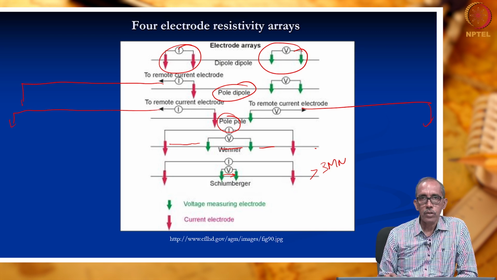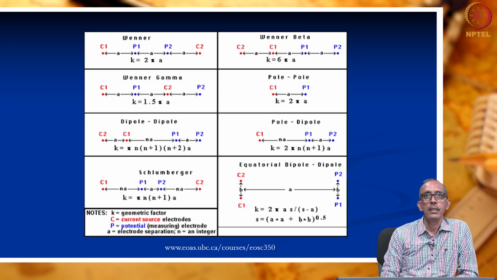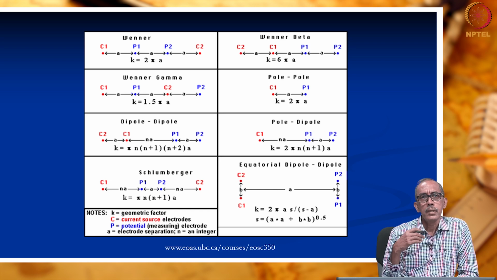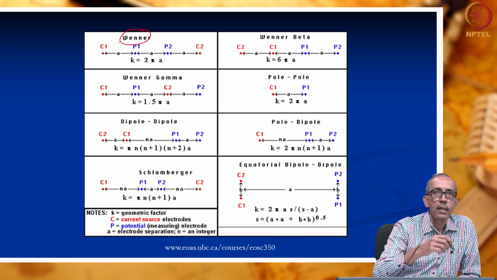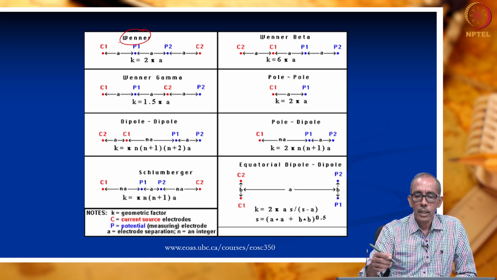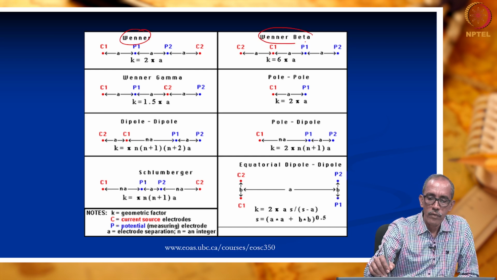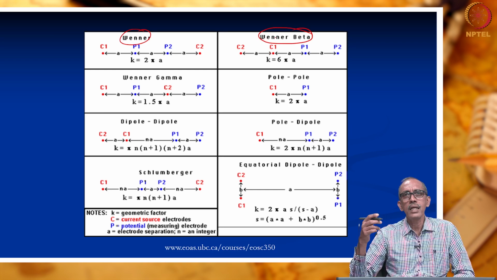Okay, it shows one more on this. Researchers are going on inventing newer and newer methods, right? Here is Wenner method, and then subsequently they came out with what is known as Wenner beta method. It is something like dipole-dipole.